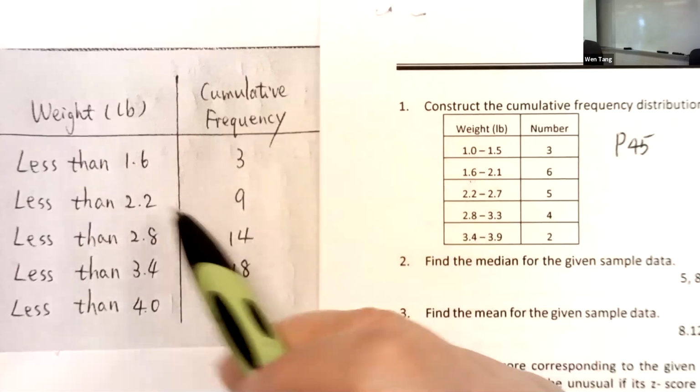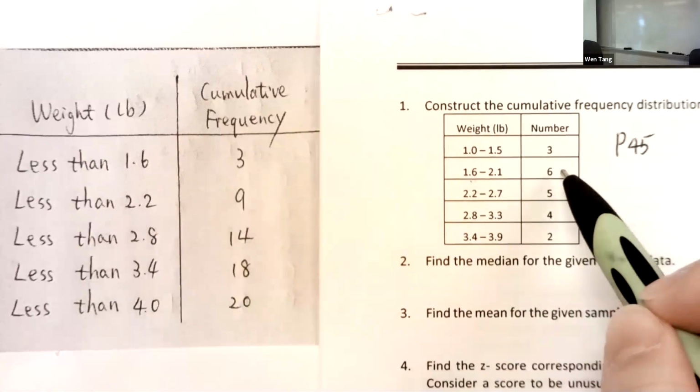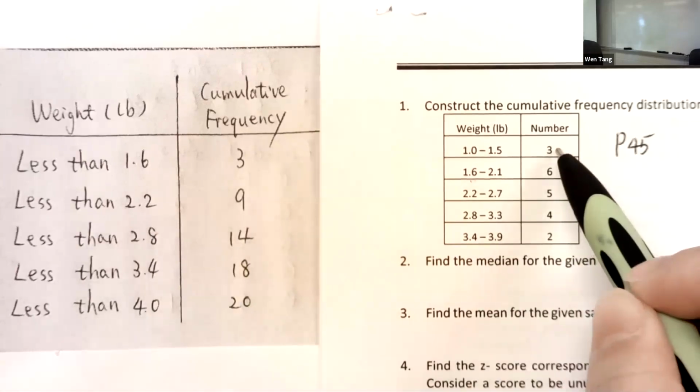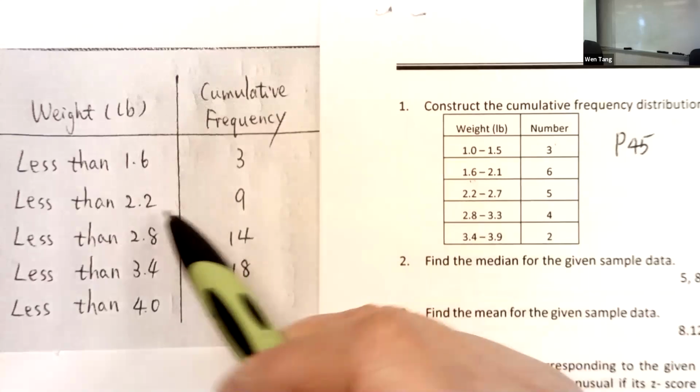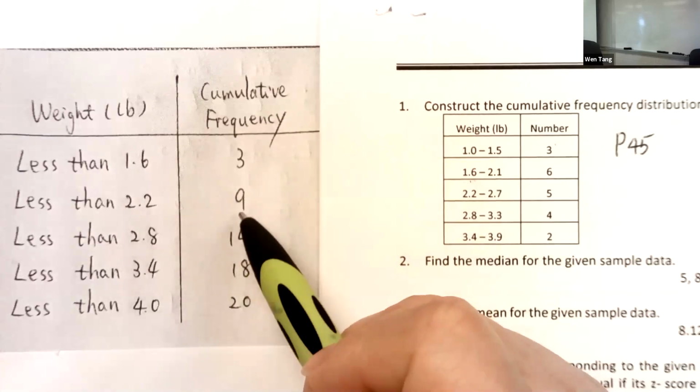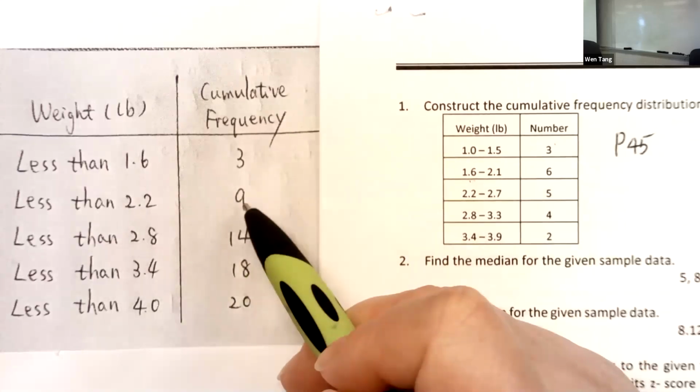So how can we get 9? We add 6 to 3 to get the cumulative of the second class. So we get 9 for the second class, less than 2.2.